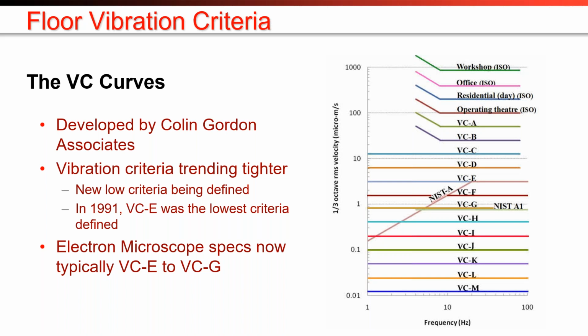They're defining these curves in terms of constant velocity over frequency, because that tends to correlate with the sensitivity of tools. Tools tend to correlate more with constant velocity over frequency rather than, say, constant acceleration. To put these numbers in perspective, the VCE line is at approximately 3.1 microns per second of velocity.